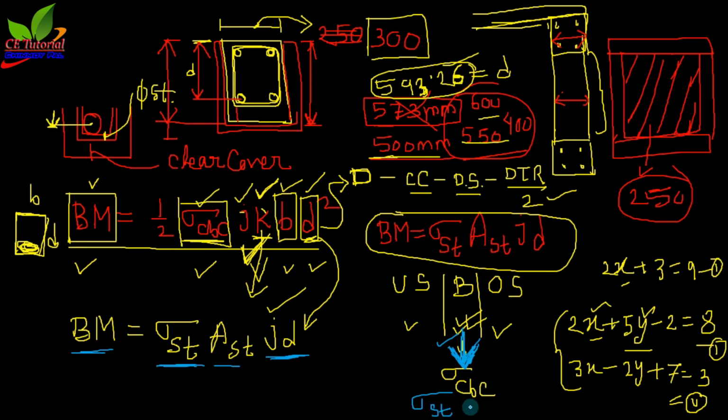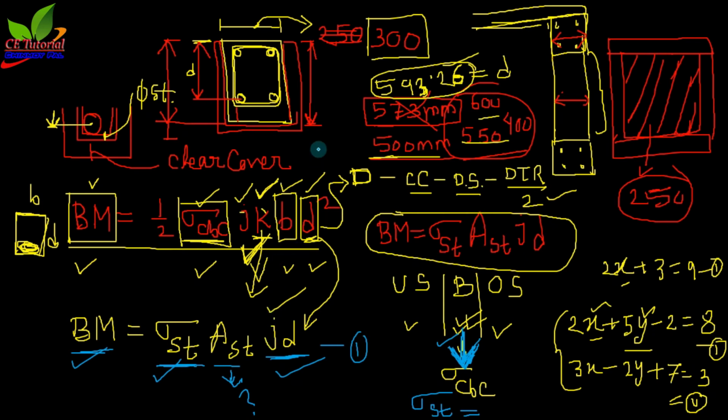Suppose Fe415 is our grade of steel. For this case you know the value of sigma st, say 230. Now bending moment is known, jd is known, sigma st value is known. Now this is only one equation and only one unknown, Ast, and you can solve this equation and get the Ast value.